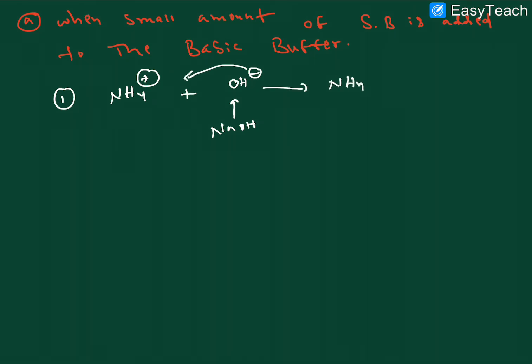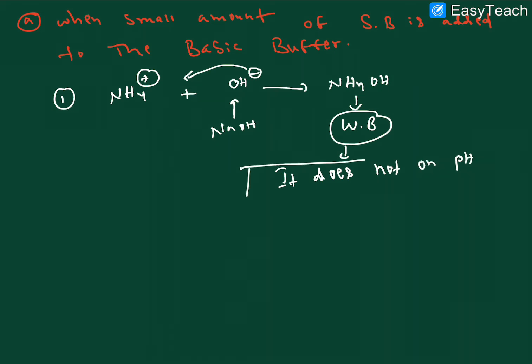These readily combine with the ammonium ions to form ammonium hydroxide. Ammonium hydroxide is a weak base, and this weak base does not affect the pH, right? So like this it resists the pH change. I hope it is very clear.